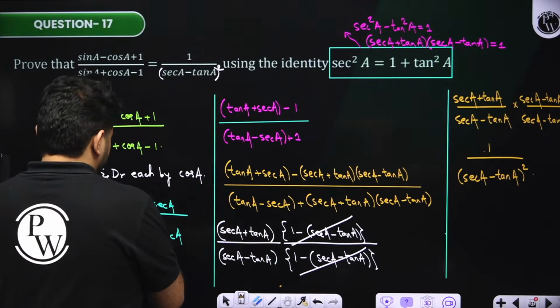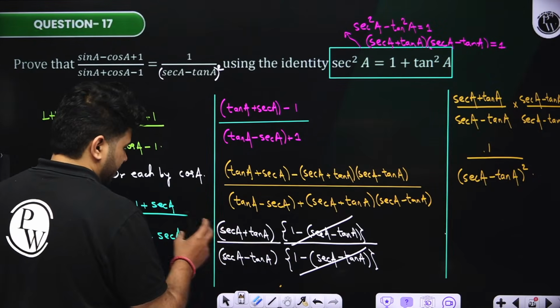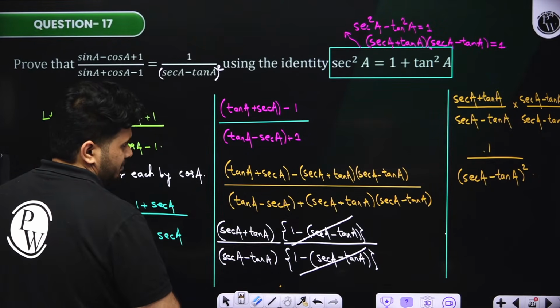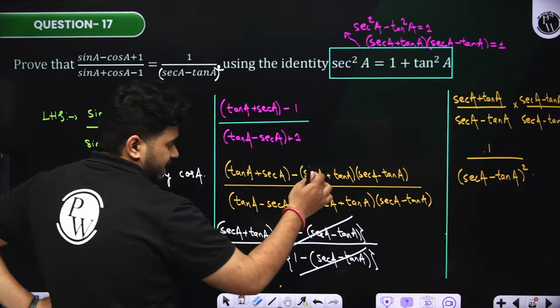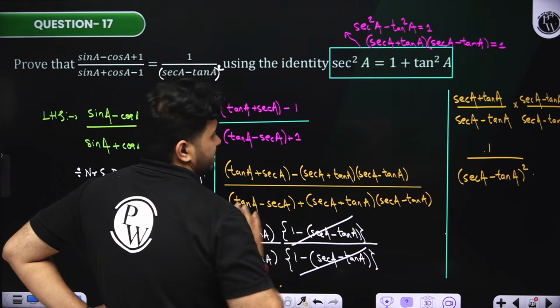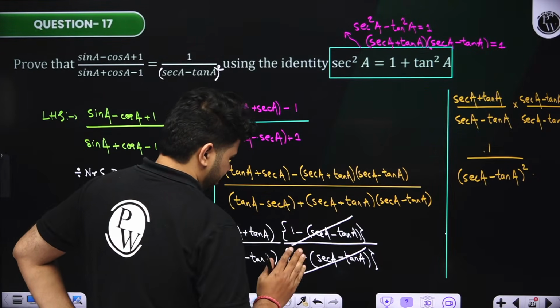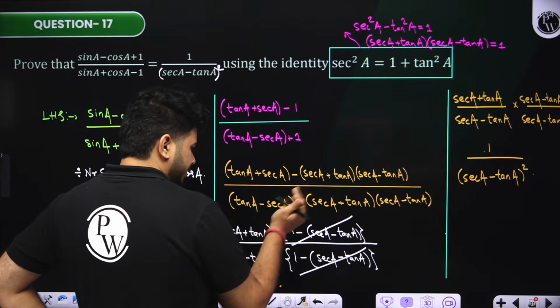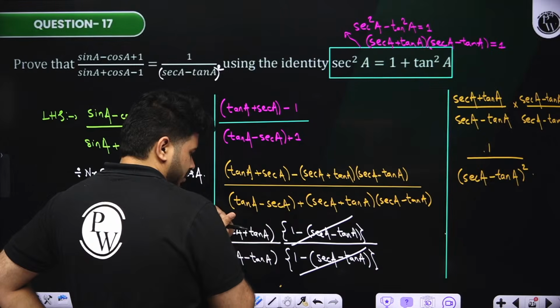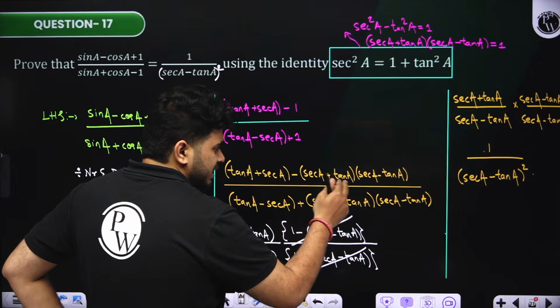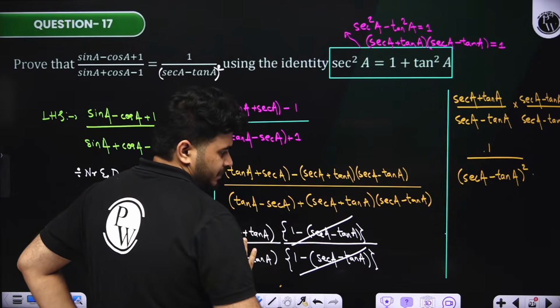So here I am combining tan a plus secant a, and here I have combined tan a minus secant a. 1 can be written as secant a plus tan a times secant a minus tan a, clear? Here also secant a plus tan a, secant a minus tan a. Now in the numerator I am taking secant a plus tan a common, leaving 1 minus secant a minus tan a, clear?